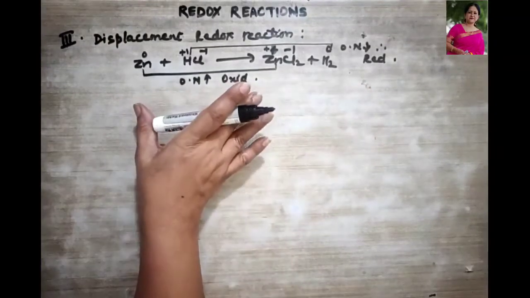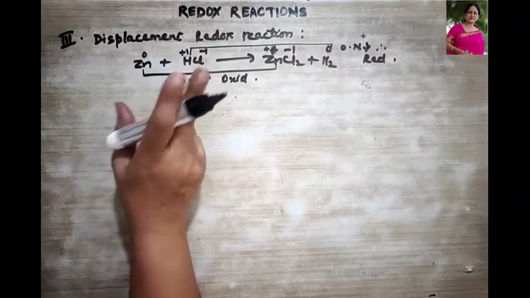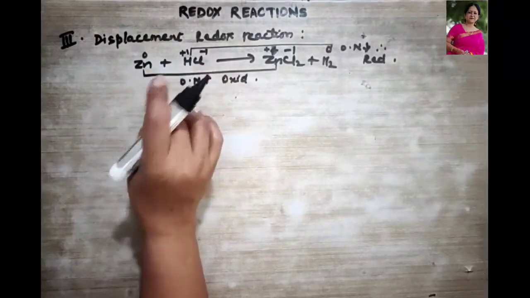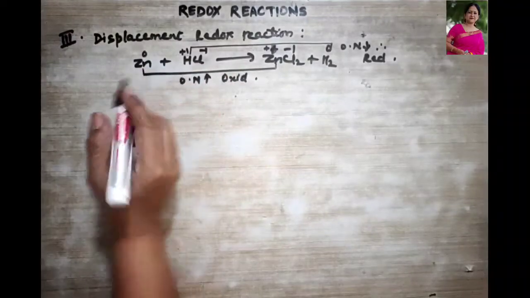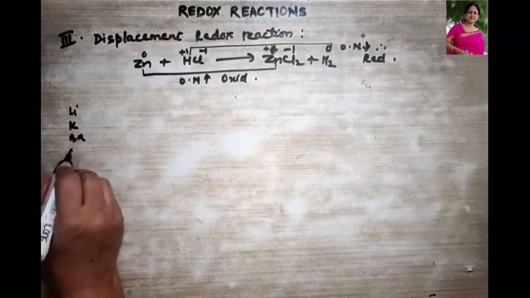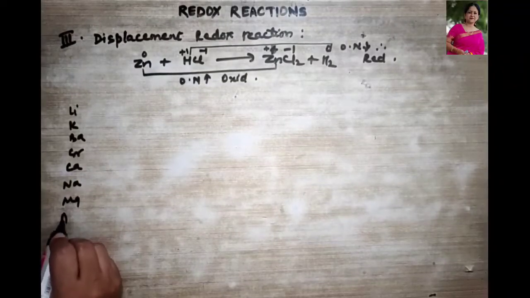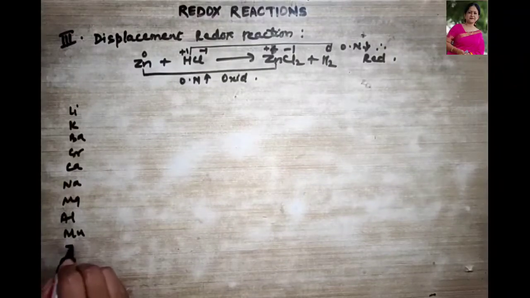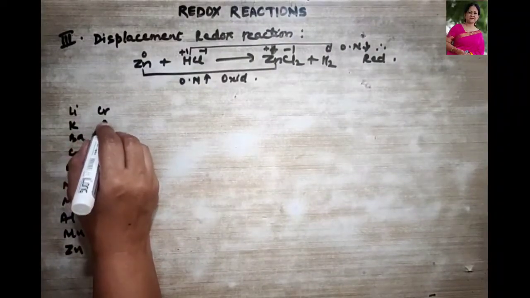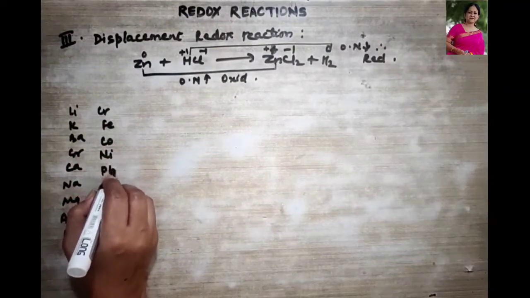Now over here you have to remember your activity series, right? It can be learnt as your electrode potential or standard electrode potential. If you remember, we have lithium, potassium, barium, strontium, calcium, sodium, magnesium, aluminium, manganese and zinc. Then we have chromium, iron, cobalt, nickel, lead.